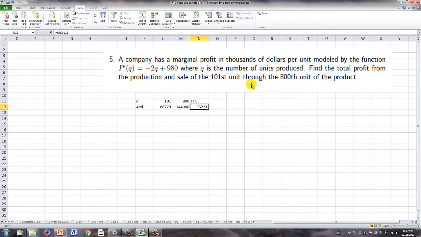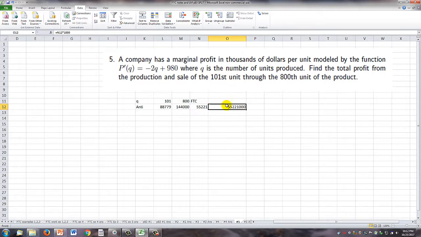If we think about Riemann sums, dollars per unit times unit is just dollars. Area under the curve is dollars, but it's in thousands of dollars, so I'll take this value times 1,000. That's a very large amount. That's our amount. $55,221,000 is the total profit from the production and sale of the 101st unit through the 800th unit.